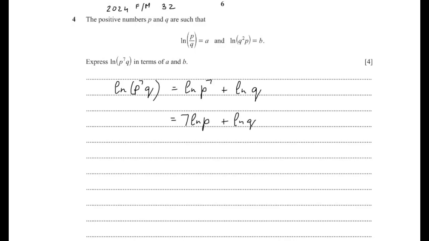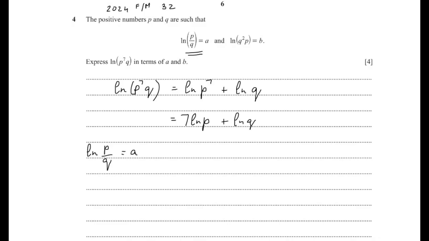So if we can somehow find log of p and log of q, we should be able to express log p to the power of 7q in terms of a and b. Okay, so I'm going to leave this for the time being. We're going to figure out how to find log p and log q. Let's take the first equation given to us. Log p by q is equal to a.